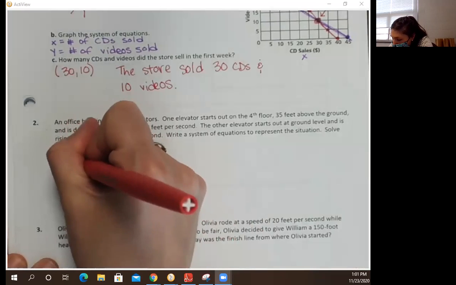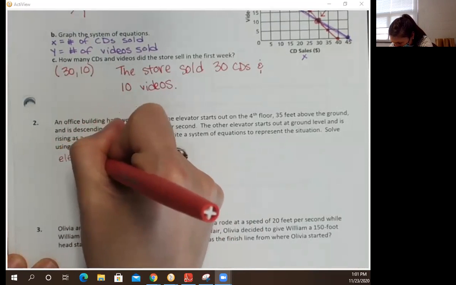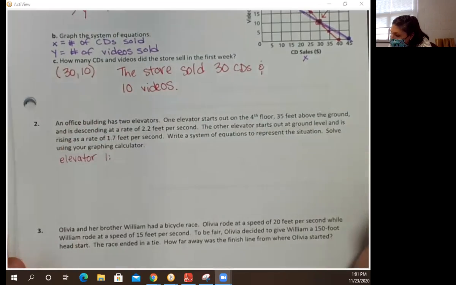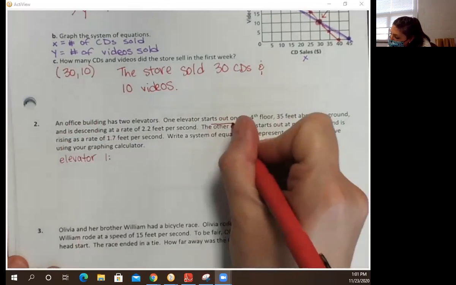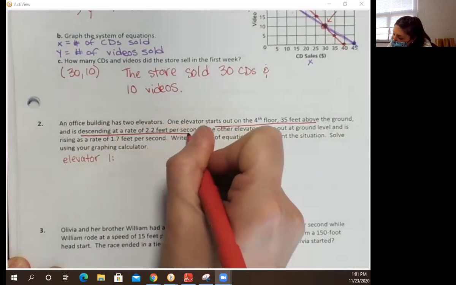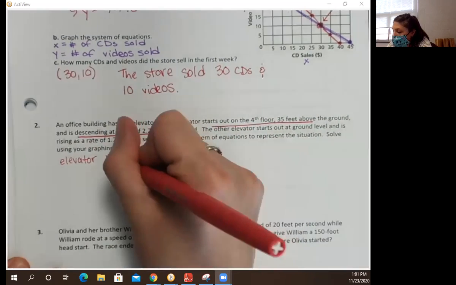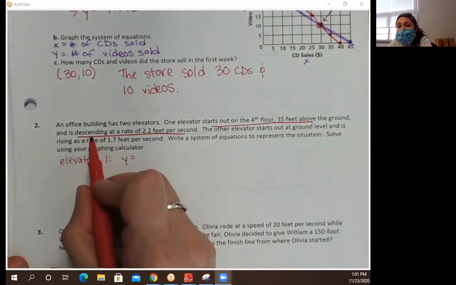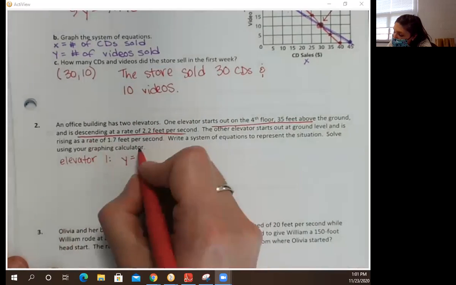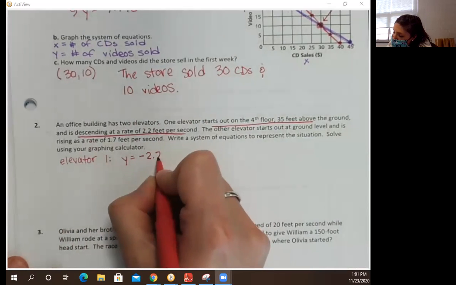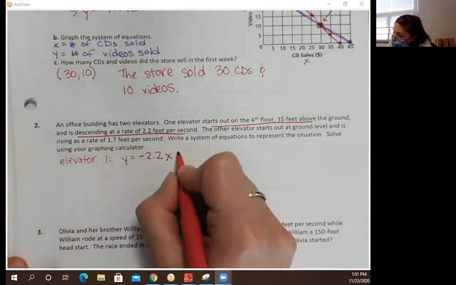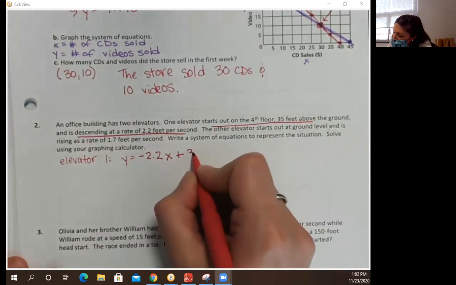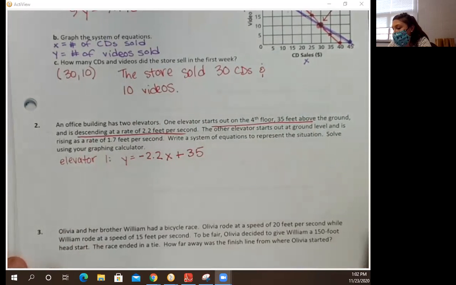So for elevator 1, I start out 35 feet above the ground, and then I'm descending at a rate of 2.2 feet per second. So my equation I'm going to write here is y equals, since we're descending, that means we're going down, negative 2.2x plus 35, since it's my initial height.